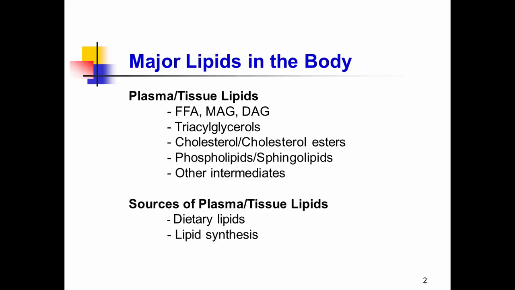Okay, so the major lipids in the body. A lot of lipids are present in both plasma and tissues, and there are a bunch of different types of lipids: fatty acids, free fatty acids, monoacylglycerol, diacylglycerol, triacylglycerol, cholesterol esters, phospholipids, sphingolipids, and other lipid metabolic intermediates.